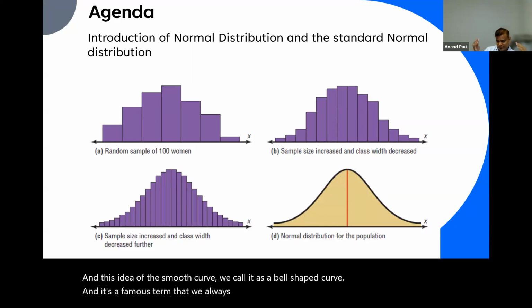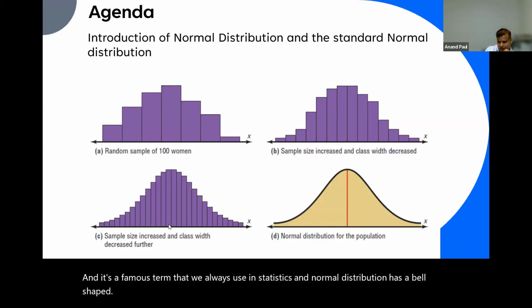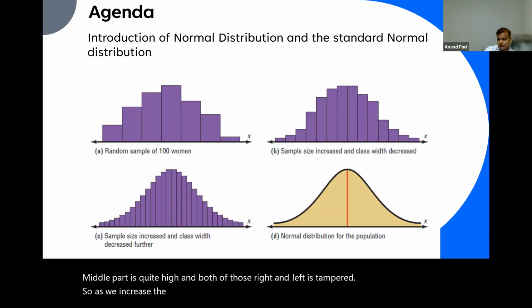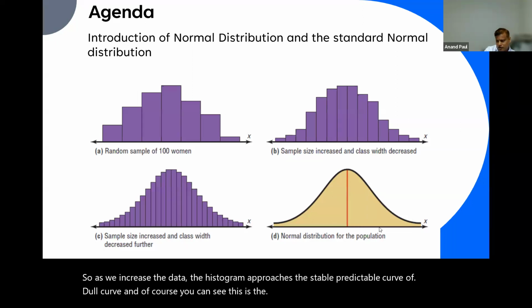A normal distribution has a bell-shaped curve in which you can see the middle part is quite high, and both the right and left are tapered. As we increase the data, the histogram approaches this stable, predictable bell curve. And of course, this is the normal bell curve for the whole population.